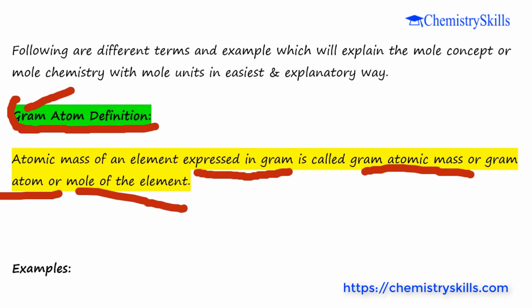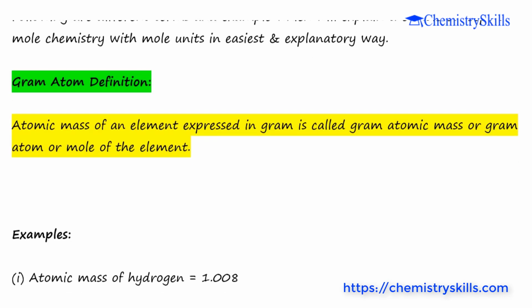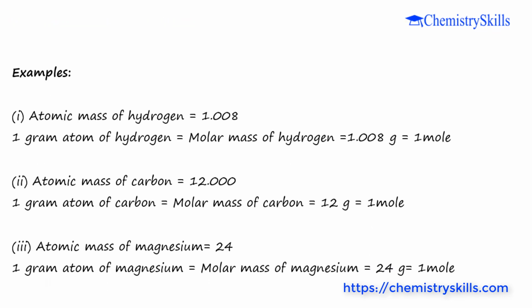How? Let's take an example, my dear students. Here is the very first example. We know that the atomic mass of hydrogen is 1.008 AMU. Atomic mass unit is not mentioned here, but it is atomic mass unit.